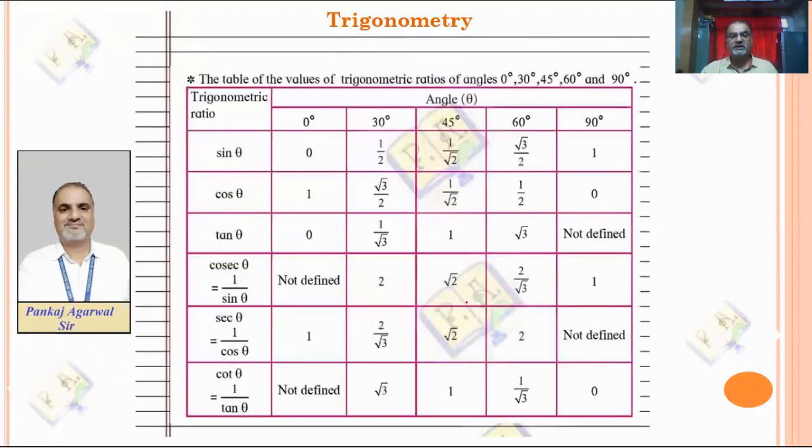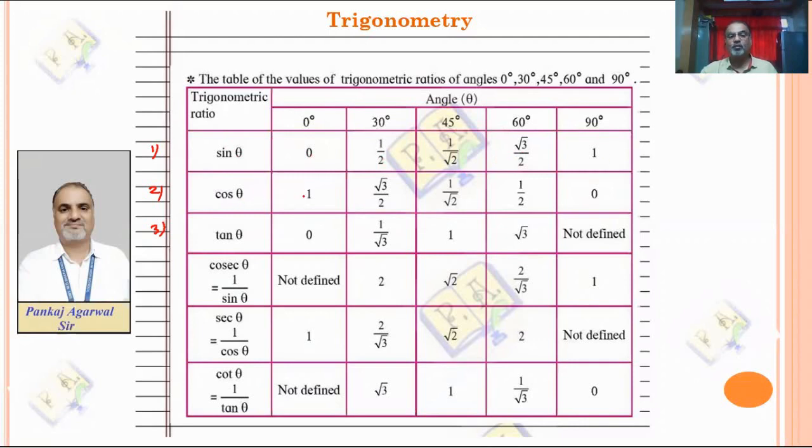We have also studied the trigonometrical ratios for the angles 0 degree, 30 degree, 45 degree, 60 degree, and 90 degree for sin theta, cos theta, and tan theta, even in 9th standard. For sin theta, they are 0, 1 upon 2, 1 upon root 2, root 3 upon 2, 1 respectively.